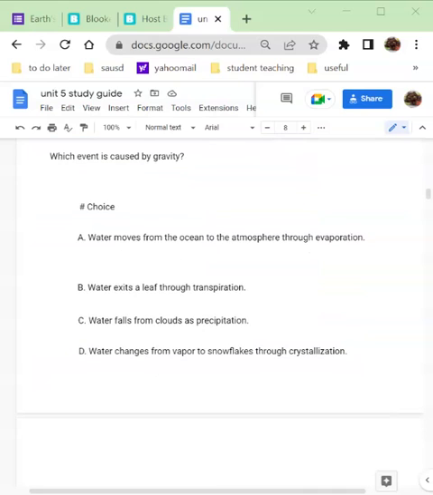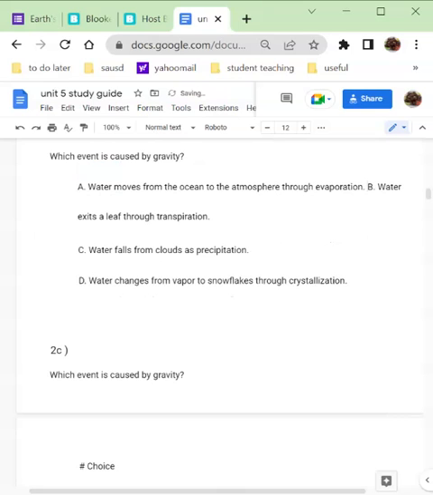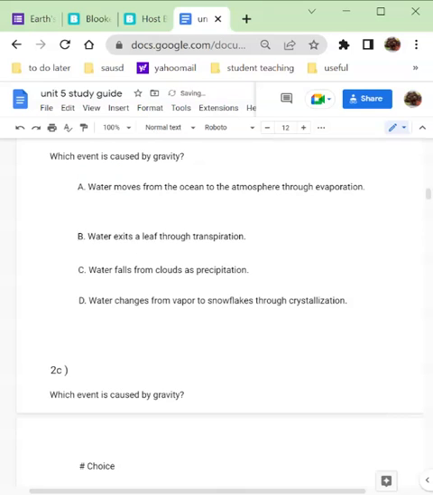Another event caused by gravity. Water moves from the atmosphere or from the ocean to the atmosphere. That's going up, so it can't be that. Water exits a leaf through transpiration.